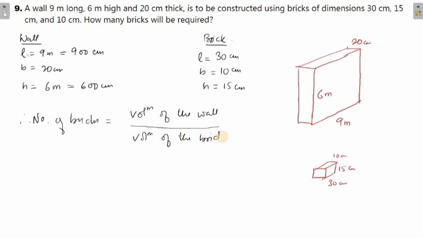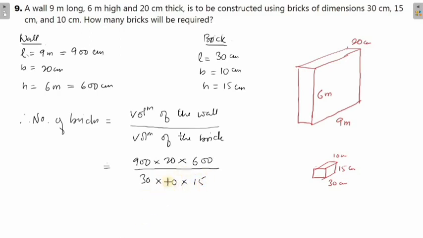Now, the volume of the wall will be length into breadth into height, because for a cuboid the volume is L into B into H. For the wall, L is 900, breadth is 20, and H is 600. This is divided by the volume of the brick, which is 30 into 10 into 15.